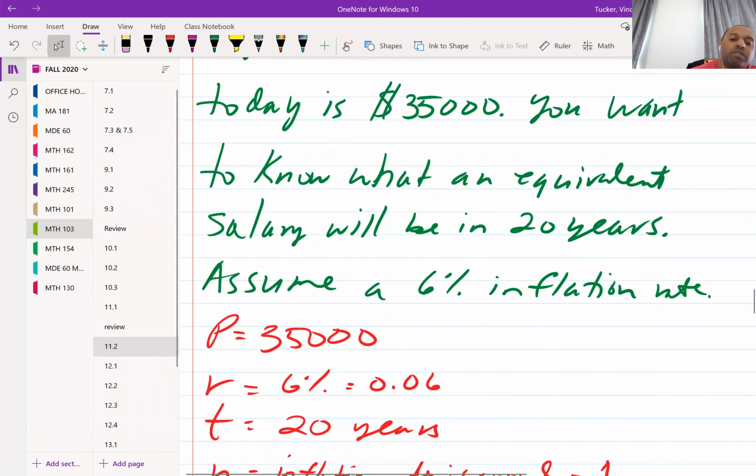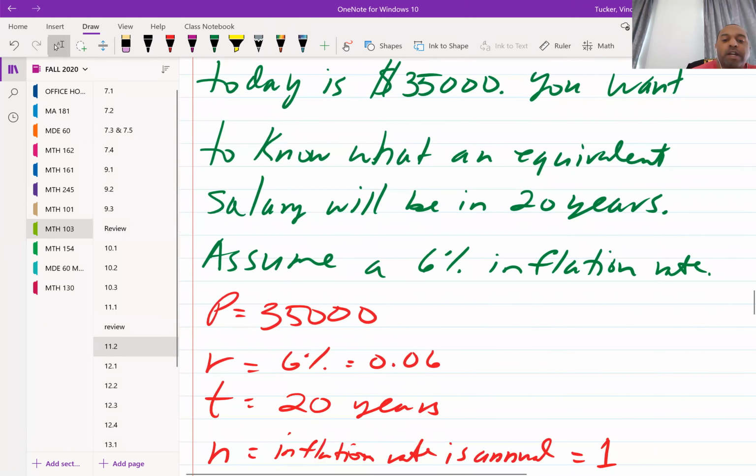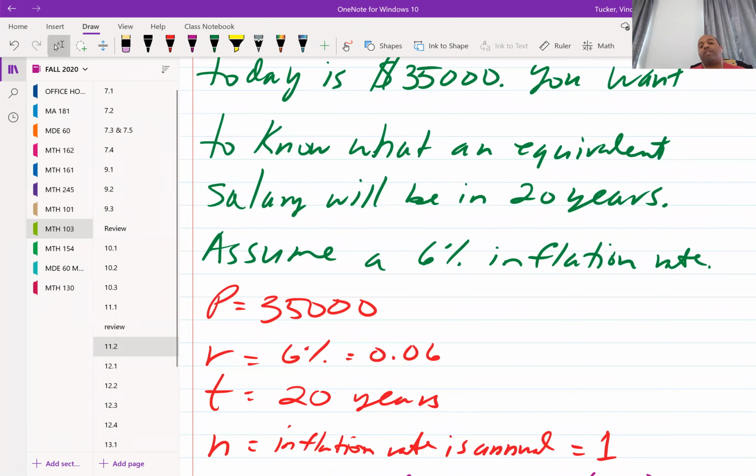Rate 6%. In 20 years, that'll be time. And your inflation rate is annual, so we're going to let N be equal to 1.